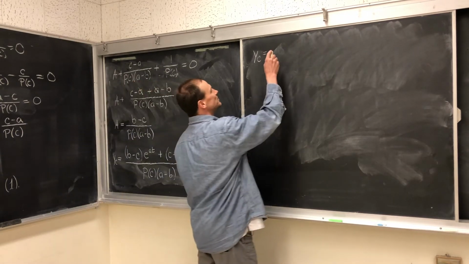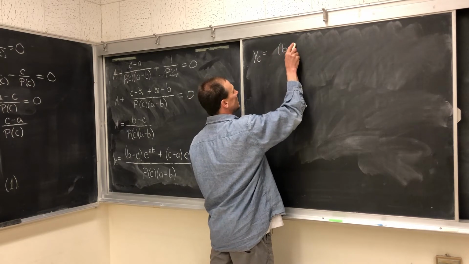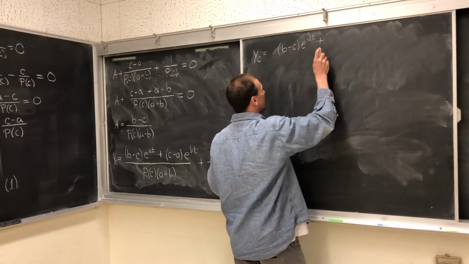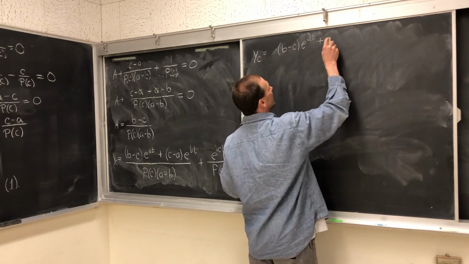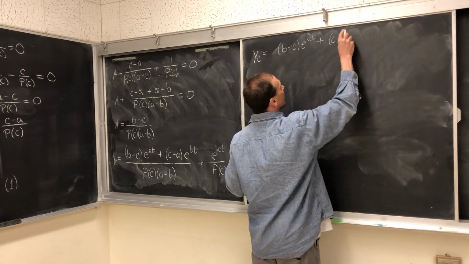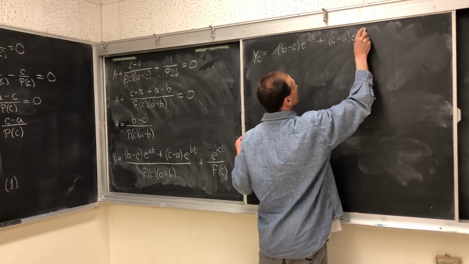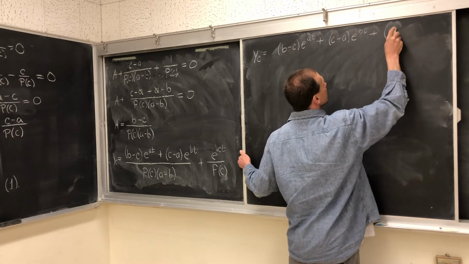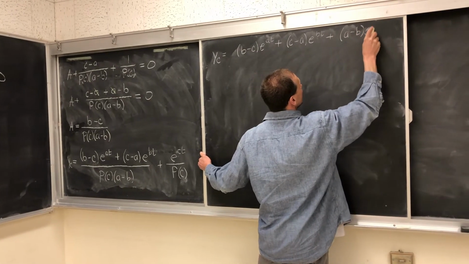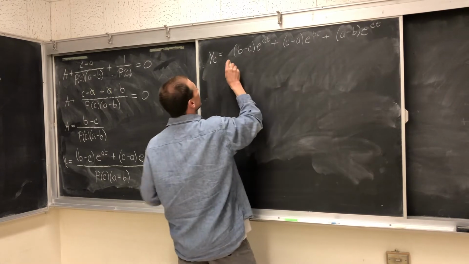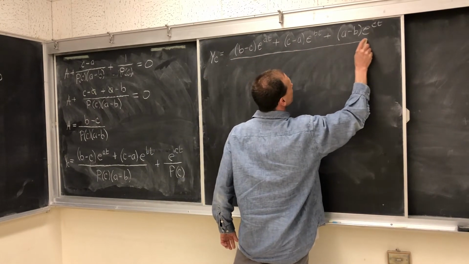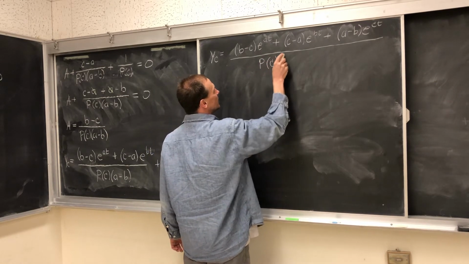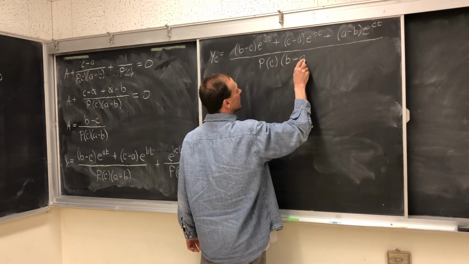So I have b minus c times e to the at plus c minus a times e to the bt plus a minus b times e to the ct, all of that over p of c times b minus a.